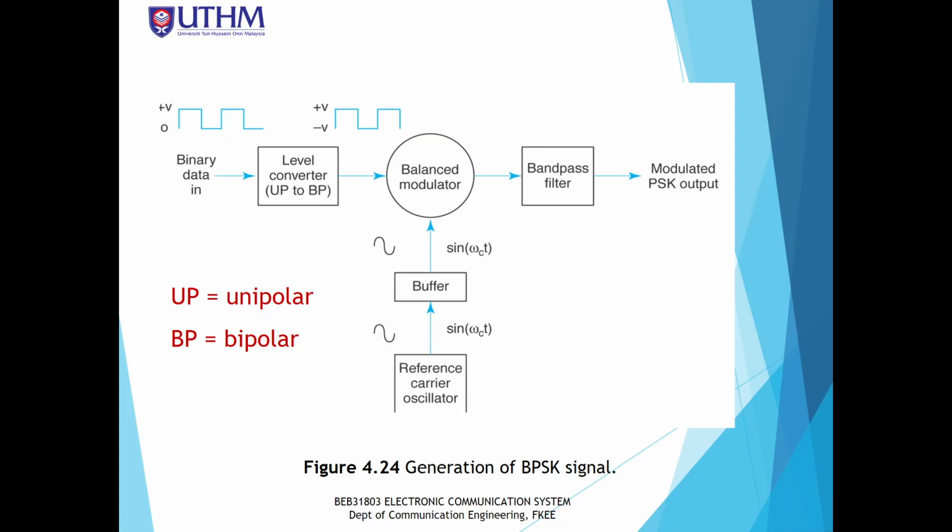So let's see the generation of BPSK signal inside the transmitter, how we want to generate the BPSK signal. You see that we have the binary input, logic 1, logic 0, and so on. This is put inside the level converter to convert from a unipolar into a bipolar signal.